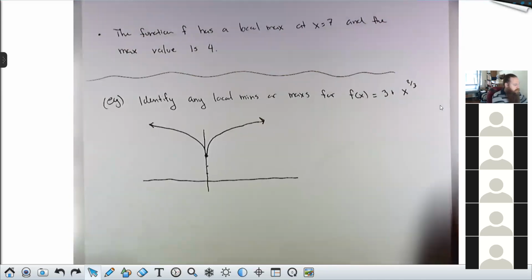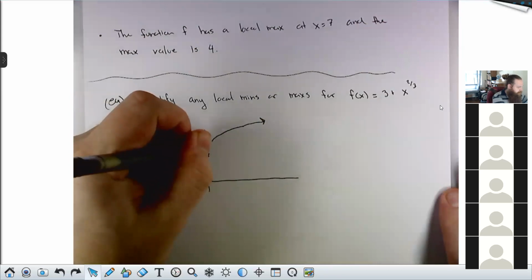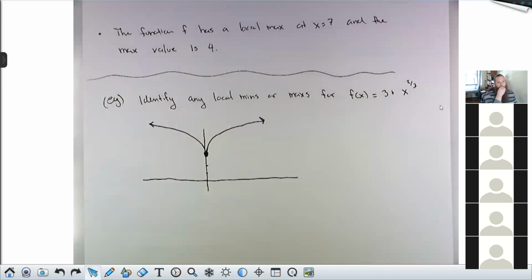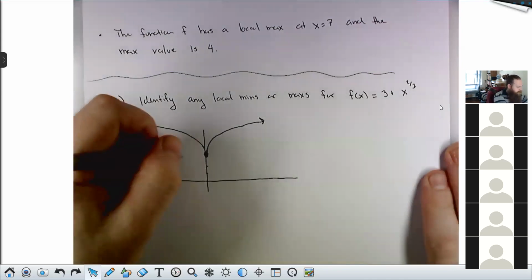This is the shape of that graph. Kind of weird, right? The point down there is 0,3.